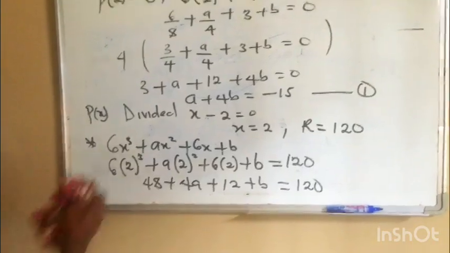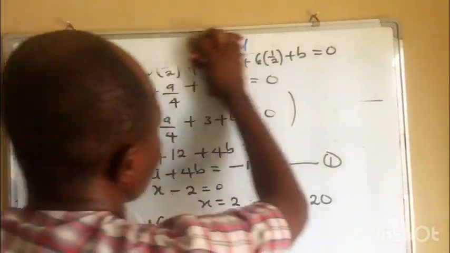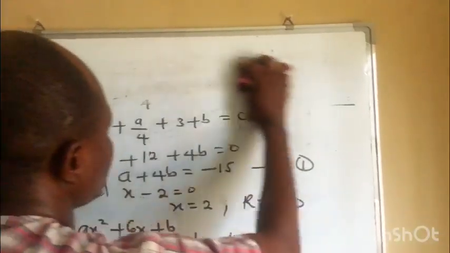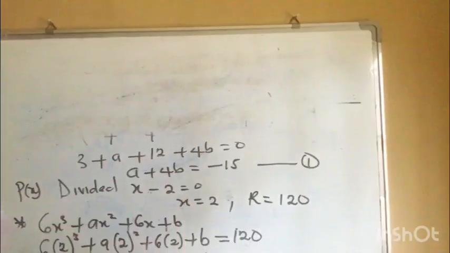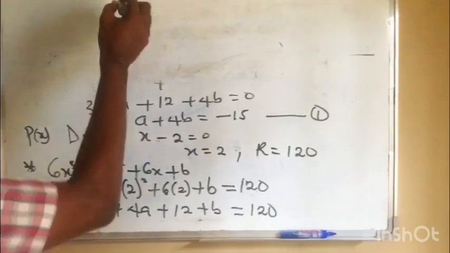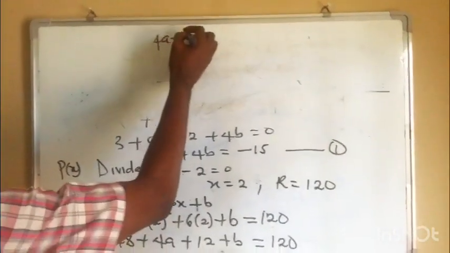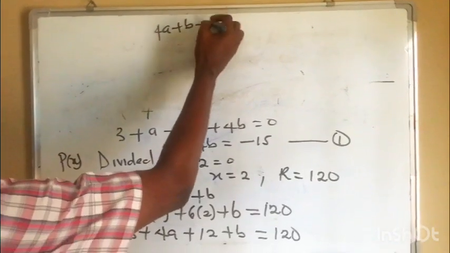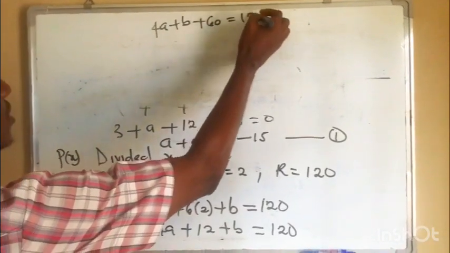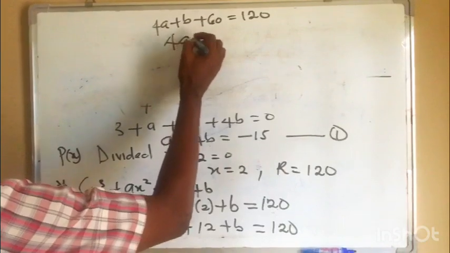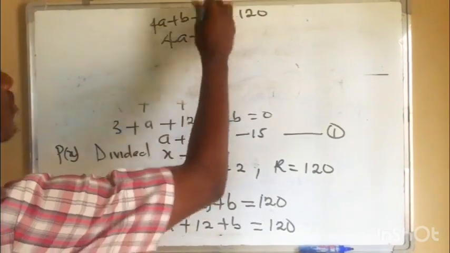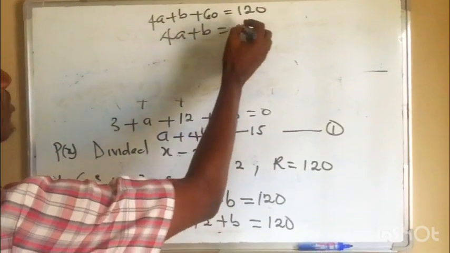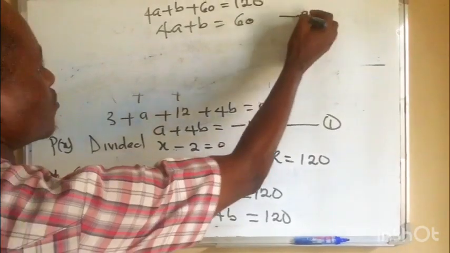So 4a plus b plus 60 equals 120. If we take 60 out, we have 4a plus b equals 60, equation 2.